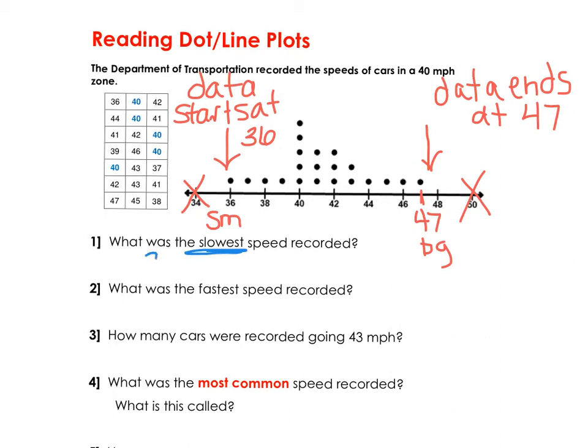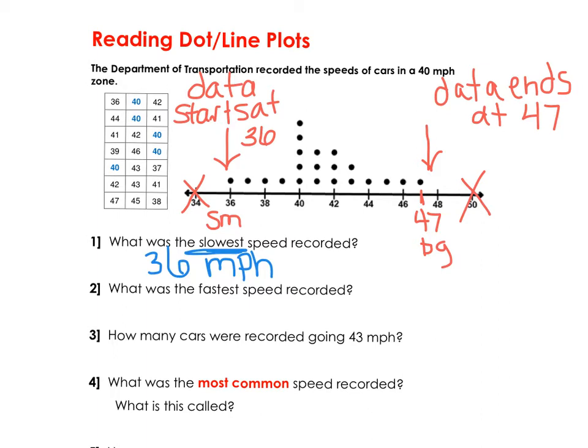So that one would be 36 miles per hour. Remember, you're looking for where the data actually begins, and that's going to be your slowest. You could also find the data in the table and see that 36 is the smallest number in the table. But remember, all we did was take the information from the table and organize it into the dot plot.